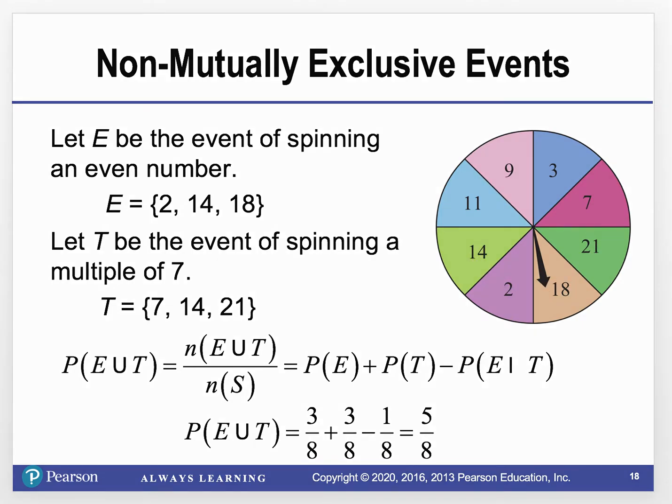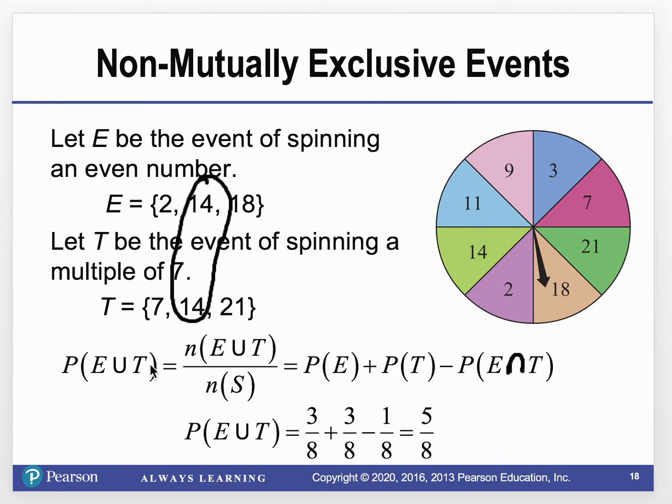Notice these events are not mutually exclusive. Remember, mutually exclusive means can't happen at the same time. But if I roll a 14, it's an even number and it's a multiple of 7. So not mutually exclusive.